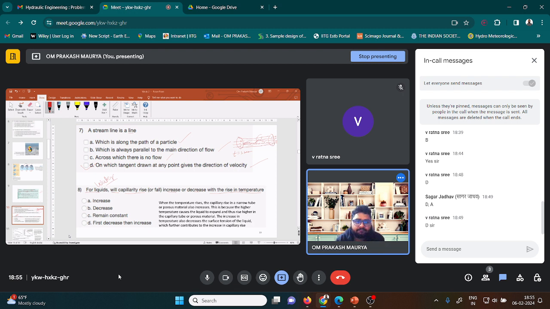Here the surface tension concept will be used, and the density concept will be used: how surface tension and density vary with temperature, and also how cohesion force and adhesion force, responsible for the molecular forces, that is molecular attraction. So this question has a broad concept.